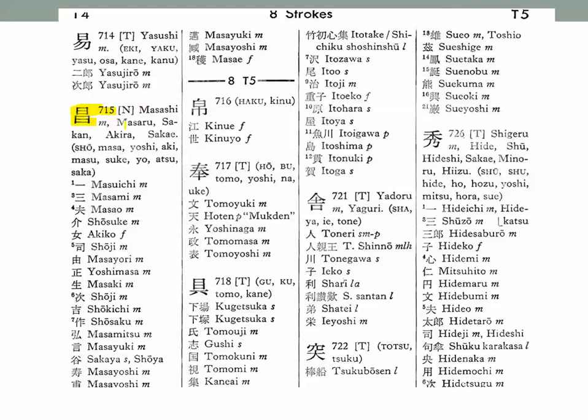Masaru, which is also a male name. Sakan, Akira, Sakae. And then in parentheses, Sho, Masayoshi, Aki, Masusuke, Yo, Atsusaka. Okay, so let's break this down. That character alone, if you saw it in a name, could be read Masashi or Masaru or Sakan or Akira or Sakae. Yeah, thanks a lot. That helps. But there it is. It's better than nothing, right?